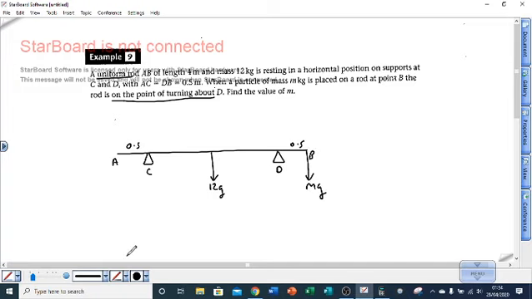Now, the really important thing here, this is called limiting equilibrium. Let's just change that colour, sorry. It's really important to note that there is telling you you are in limiting equilibrium.